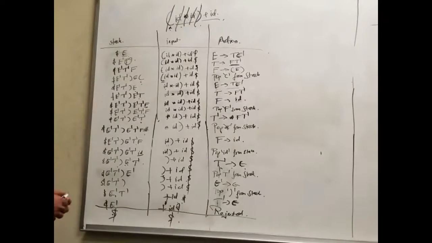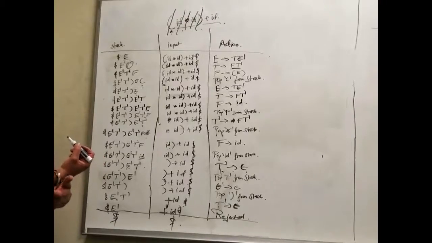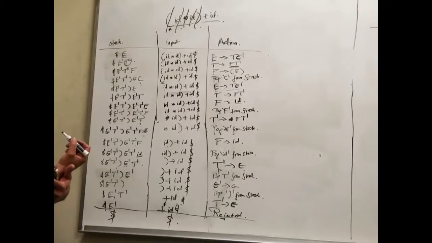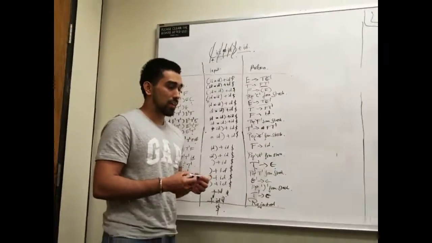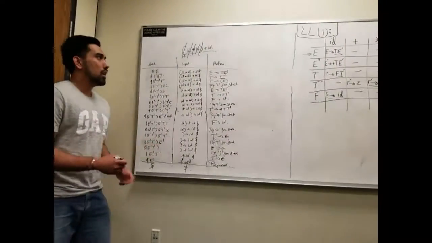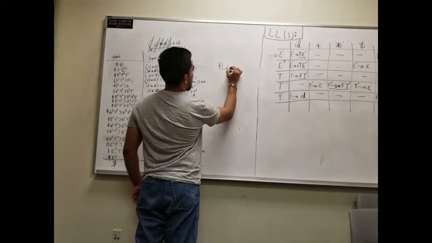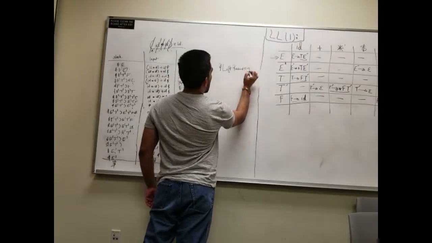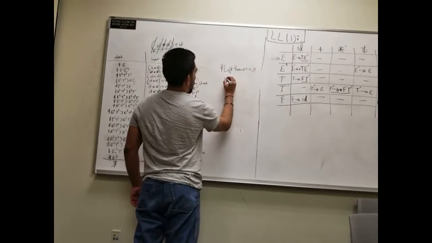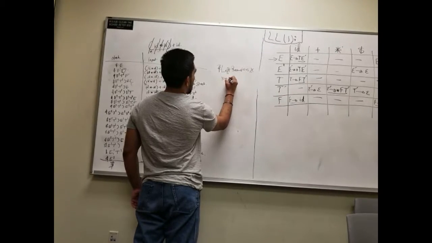This string is rejected, and there are two main key points while performing LL parsing. The grammar should not have left recursion. And it should be non-ambiguous.